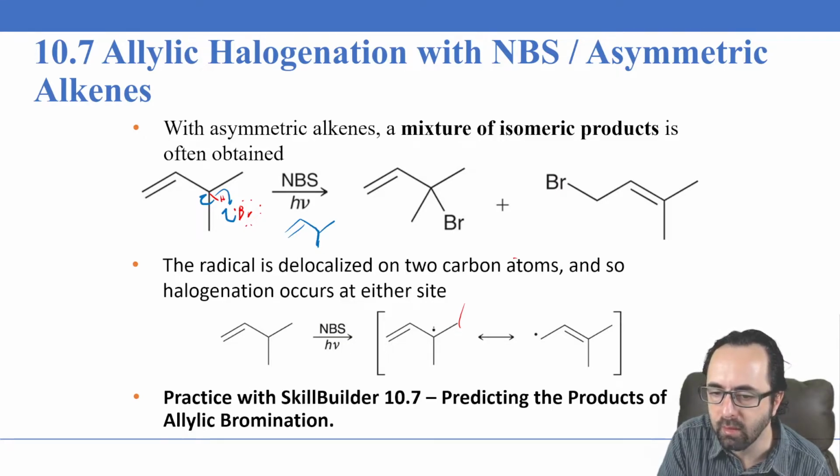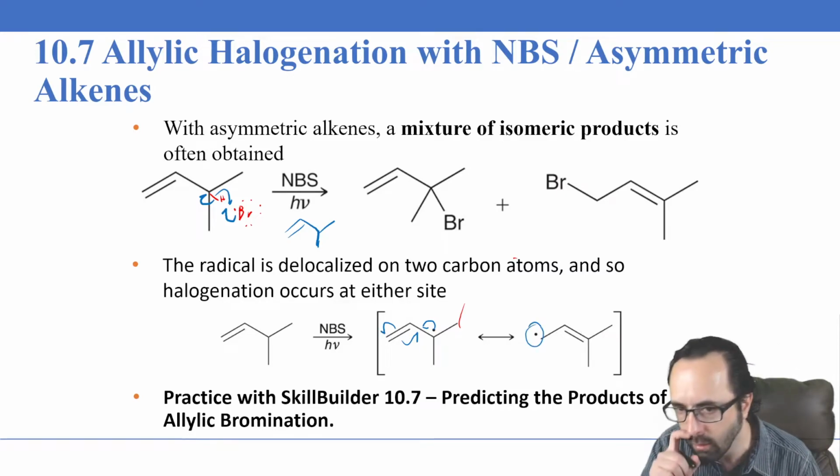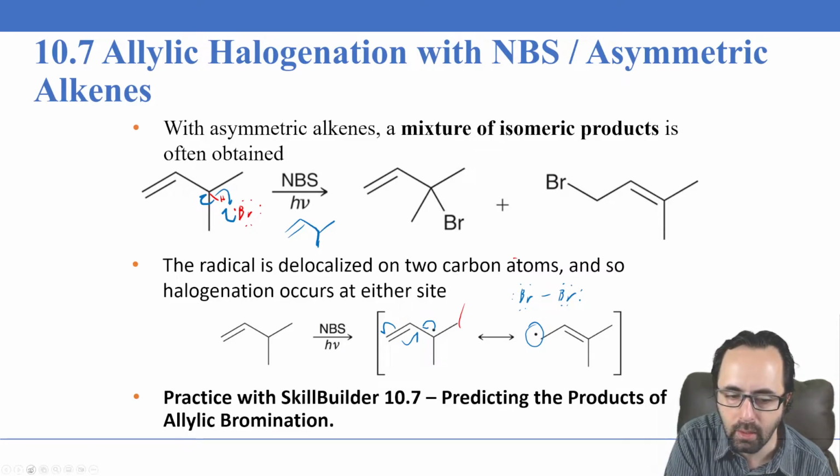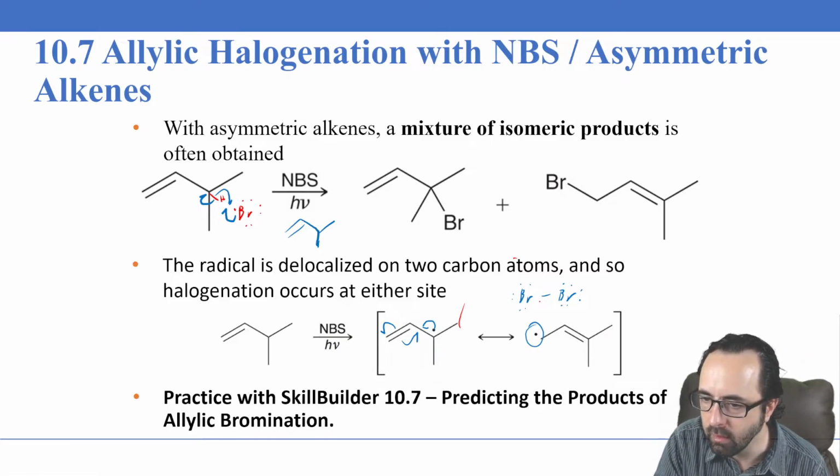Then we can have the resonance here. Remember the resonance arrows: we put an arrow here, and then the last electron is right here. So we have this radical right here, and that means that the Br2 can come along in the next step, and we can end up with the halogen abstraction.